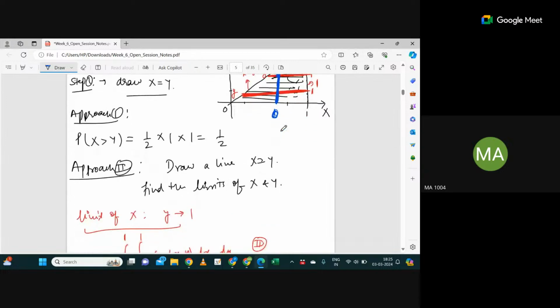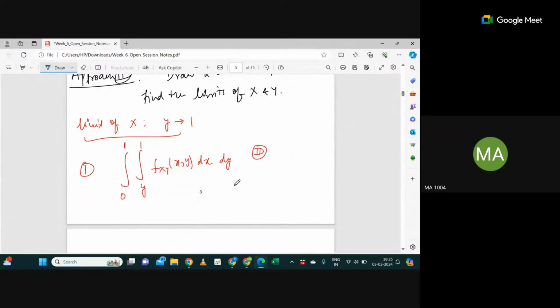Are you getting my point? So the second form will be the integral from 0 to x of f(x,y) dy, and 0 to 1 dx. Now, are you able to see the difference? Any doubt?